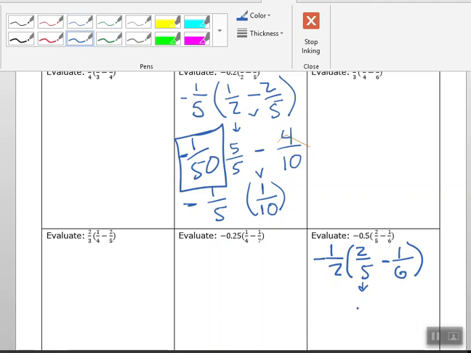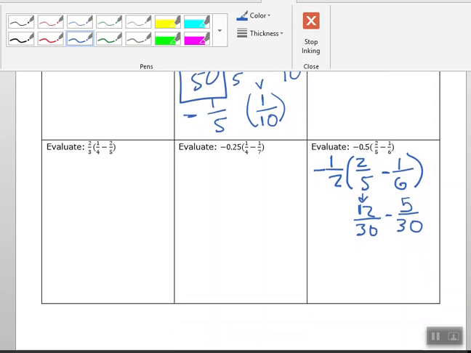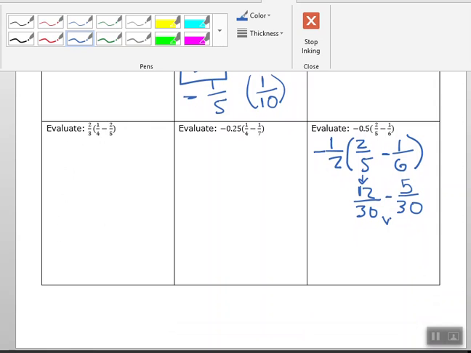All right, so we'll do 30. In order to get to 30, I multiplied 5 by 6, so 2 times 6 is 12. Minus, here I have 30. I multiplied 6 times 5 to get to 30, so 1 times 5 is 5. All right, so I'm left with 12 over 30 minus 5 over 30, which is 7 over 30.